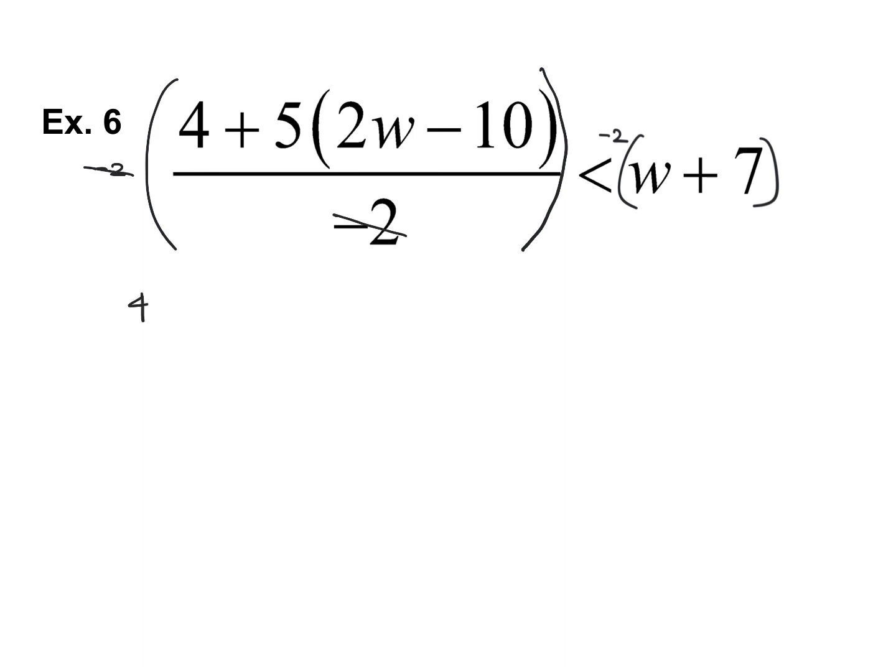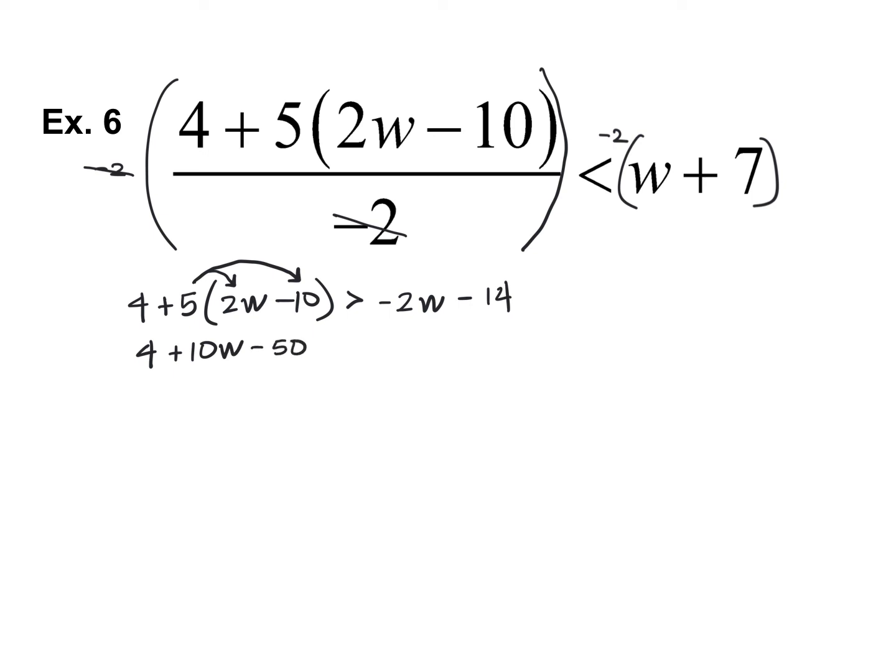So I have 4 plus 5 parentheses 2w minus 10 is greater than negative 2w minus 14. Going to go ahead and distribute the 5. All right, so I have 4 plus 10w minus 50 is greater than negative 2w minus 14.